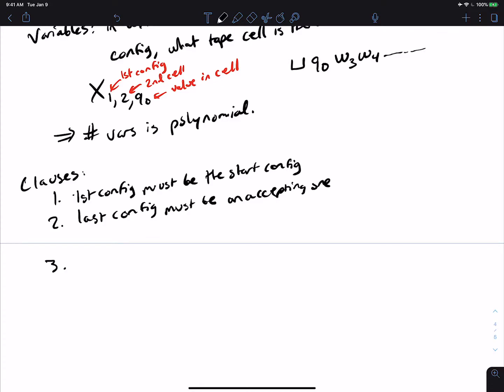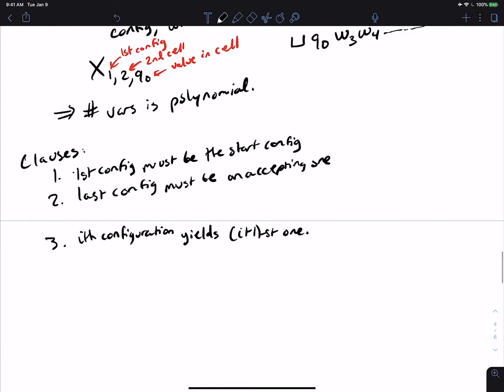And the third one is whether or not the ith configuration yields the I plus first one. Okay, so that's just literally what an accepting computation is. You've got to start correctly, you have to have an accepting at the very end, and every configuration must yield the next one along the way.